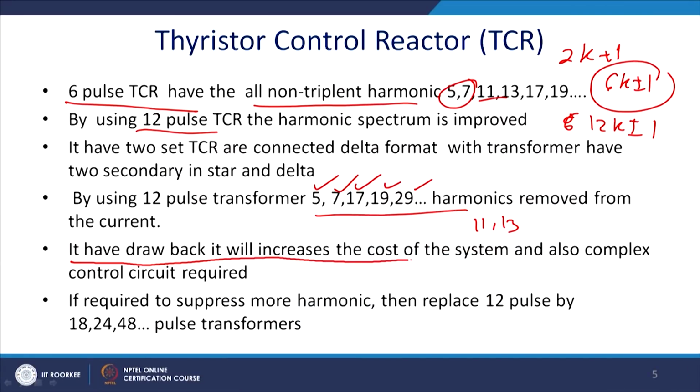For this reason it has a drawback and it will increase the cost of the system, because you have to put a lot of thyristors and we require very complex circuitry to control those thyristors. Where we require to suppress harmonics, we sometimes replace this 12 pulse by 18 pulse, 24 pulse, 48 pulse transformer and so on.